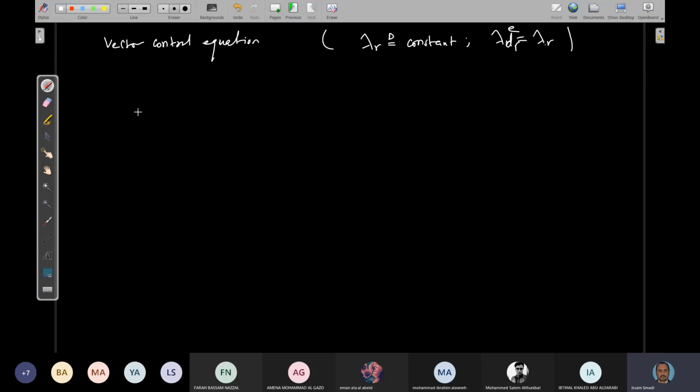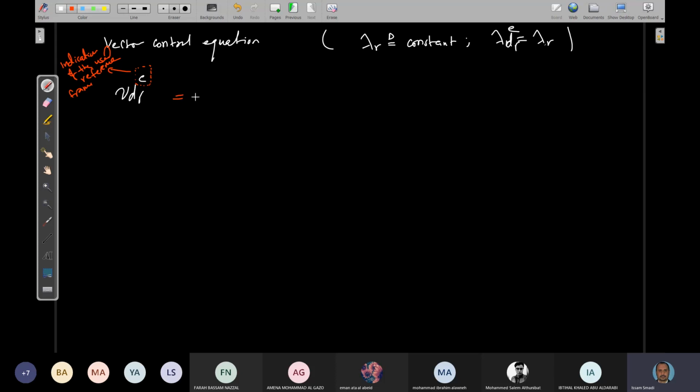So let's recall the voltage equation, VDRE. Now this E indicates that I'm using the synchronous rotating reference frame. This is indication of the used reference frame. So E stands for the synchronous rotating reference frame.